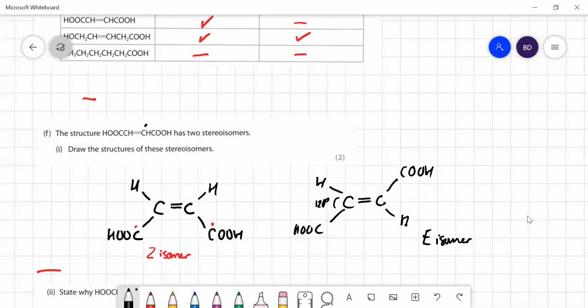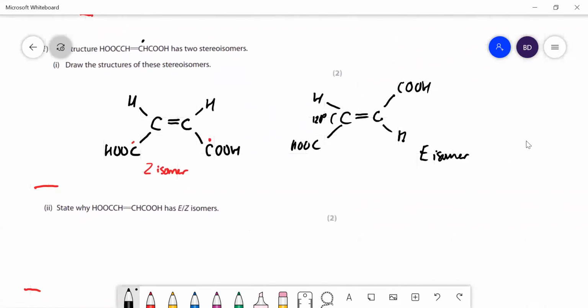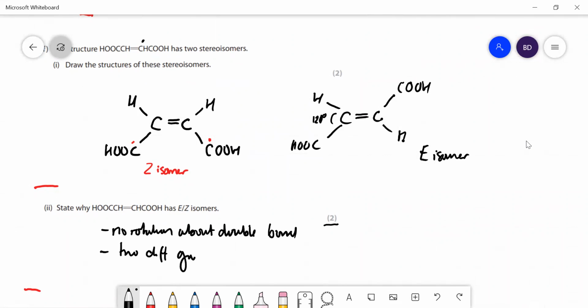Right. And the next question, why does it show EZ isomerism? Now, normally it's a 1 mark question, but it's 2 here. So normally I would just say no rotation about the double bond. Because it's 2 marks, I think you also need to say because 2 different groups are attached to both carbons forming the double bond.